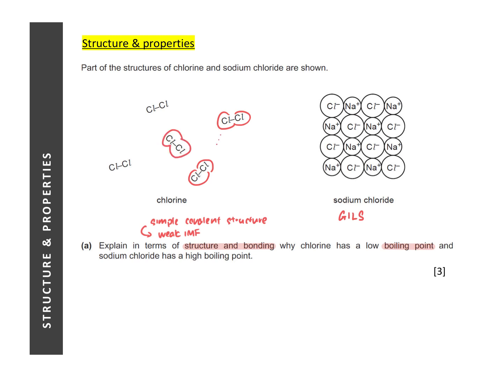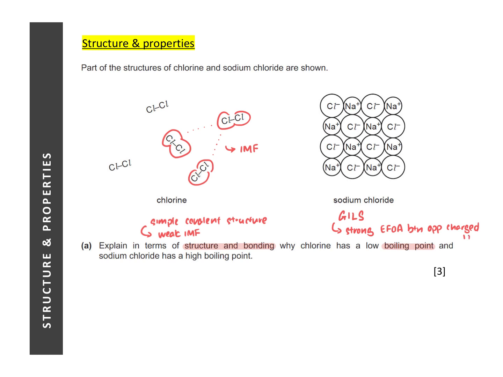So between the molecules, there's some weak attraction, and we call this intermolecular forces of attraction. Whereas for compounds with giant ionic lattice structure, you have strong electrostatic forces of attraction between the oppositely charged ions.